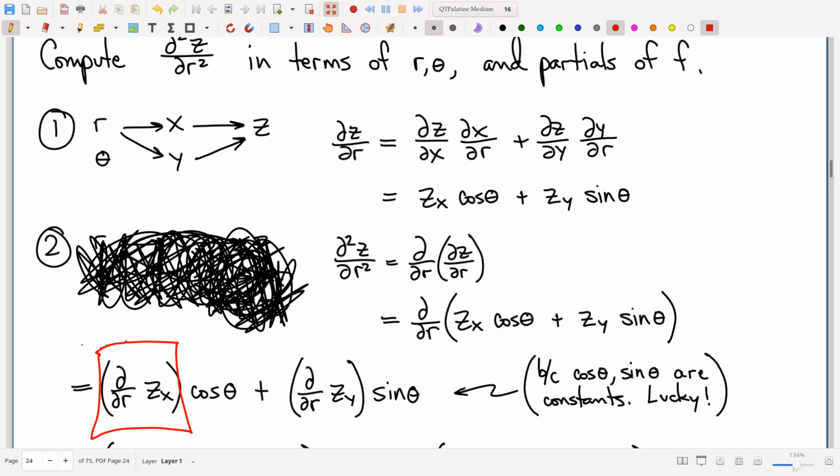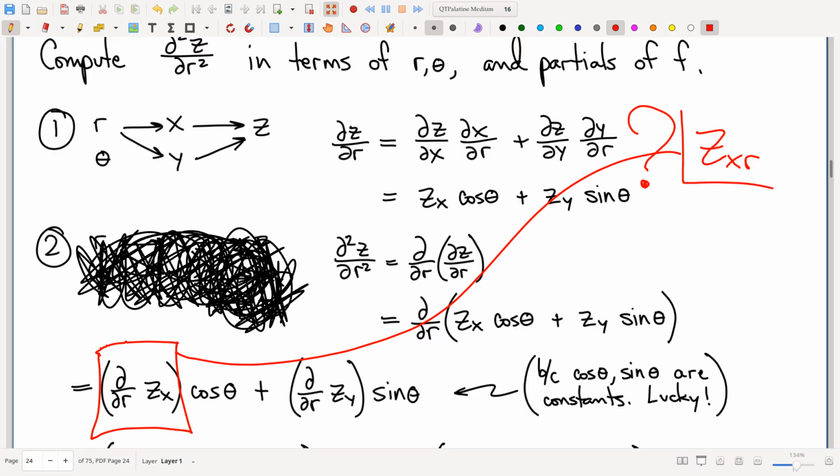So it kind of feels like, maybe, question mark, that this is z_xr. Question mark, right? I'm still trying to make sense out of this. You can see why I'd be tempted to write down something like this, right?